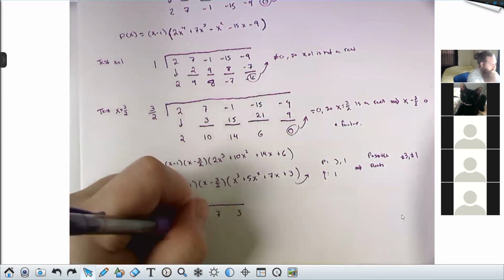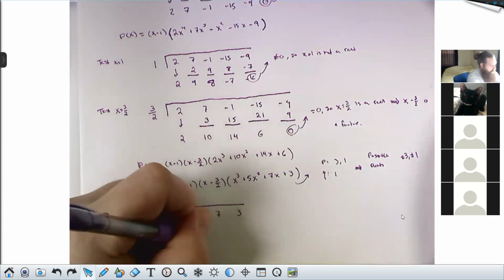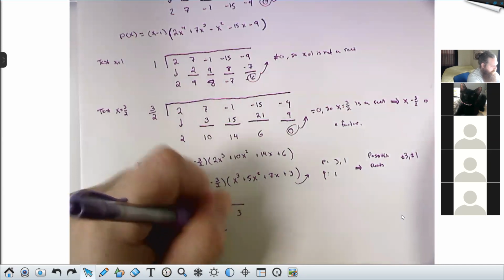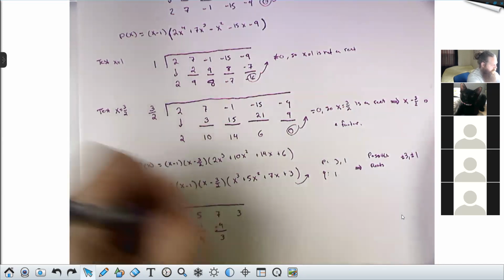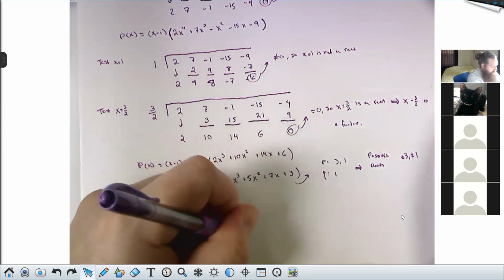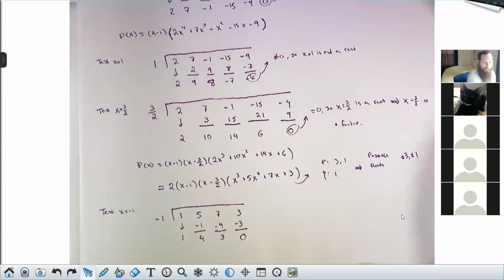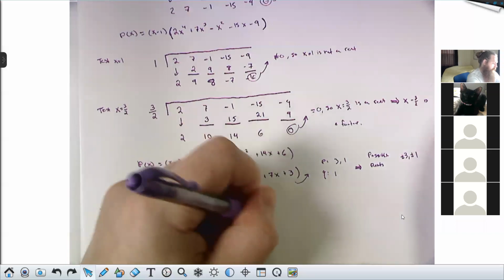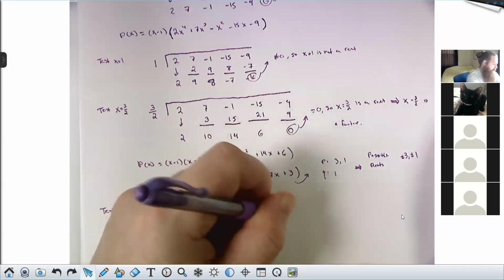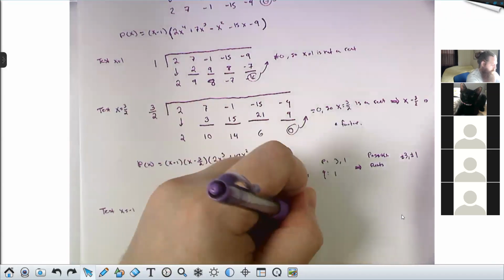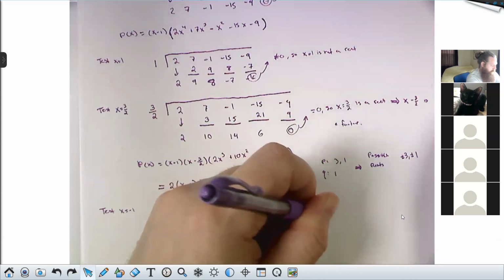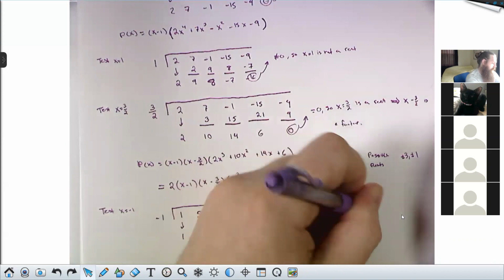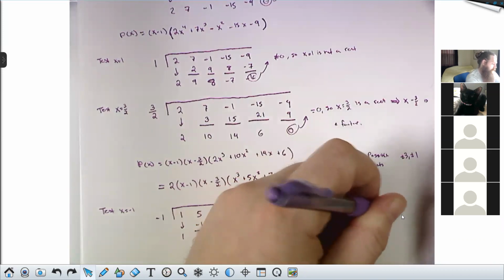Negative 1 times 1 is negative 1, plus 5 is 4, times negative 1 is negative 4, plus 7 is 3, times negative 1 is negative 3, plus 3 is 0. Alrighty. So again, this is equal to 0. So x equals negative 1 is a root, which means x plus 1 is a factor.